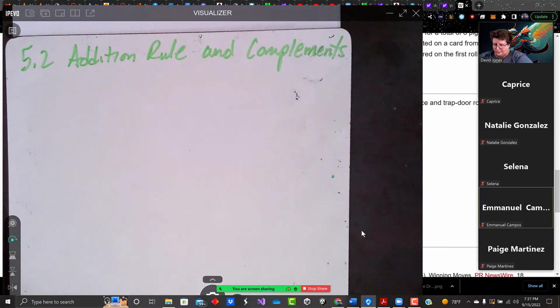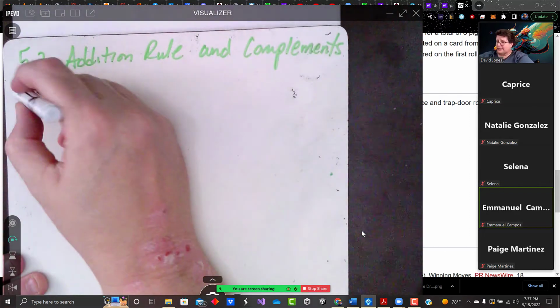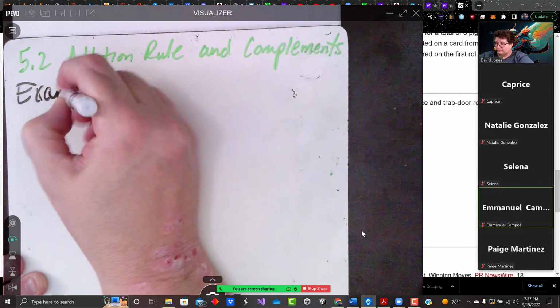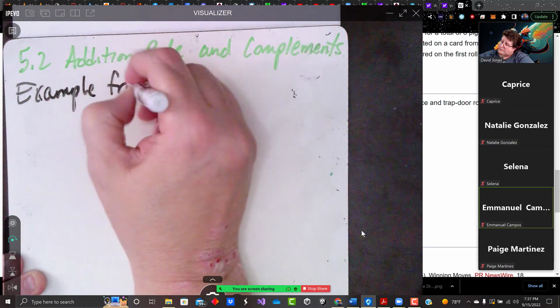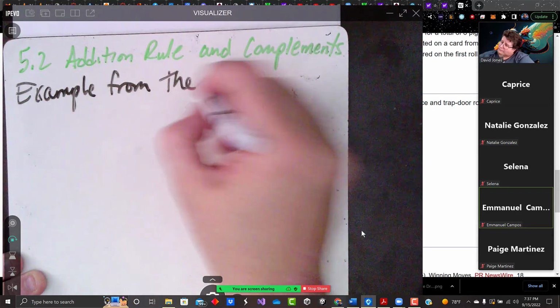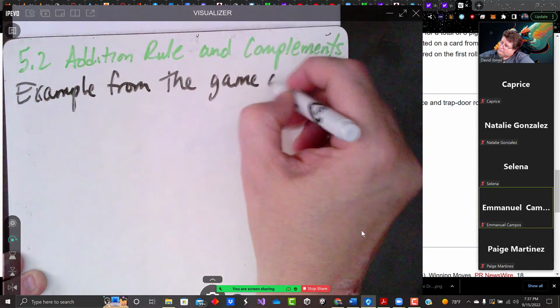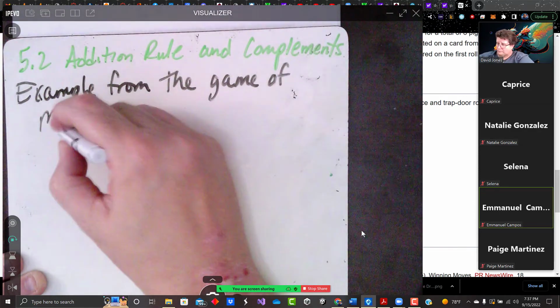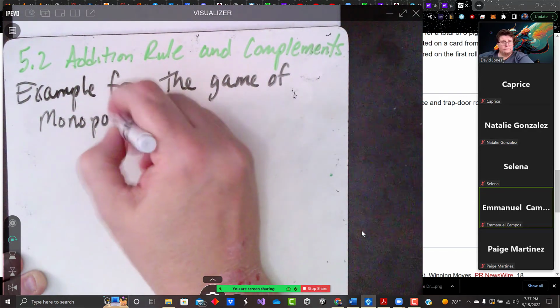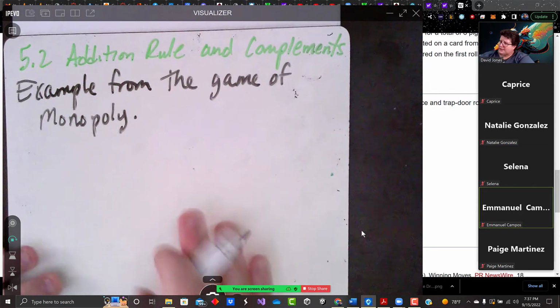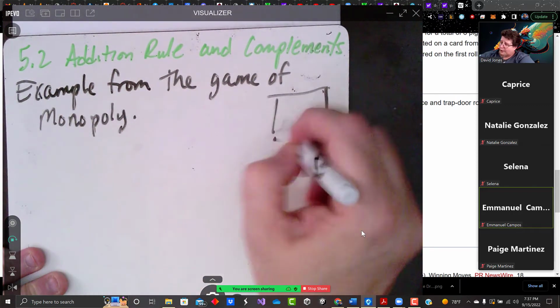So, has everybody played the game Monopoly? I hope you have. I'm going to use an example from the game of Monopoly. There's a square on Monopoly called free parking.